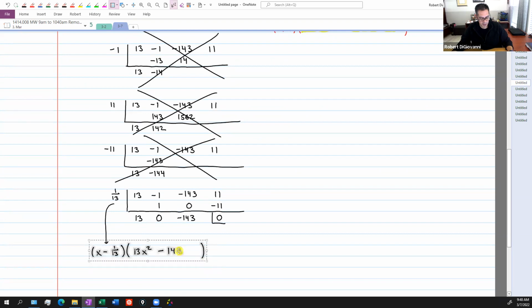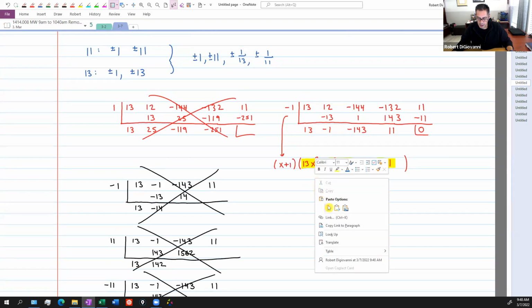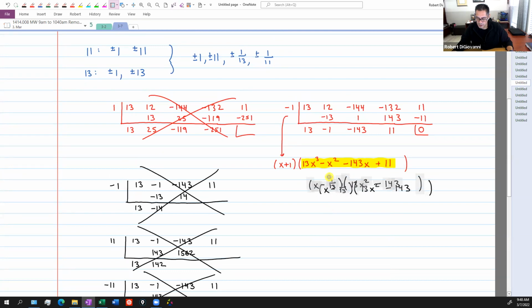And this is actually what this becomes in yellow. So I'm going to rewrite this like this, and then in front of it, don't forget the x plus 1 that was in front of that. So all of this in yellow came out to be this in black. And just like we did in the previous one, I think we can pull a 13 out of this, right? 143 divided by 13, that's 11.